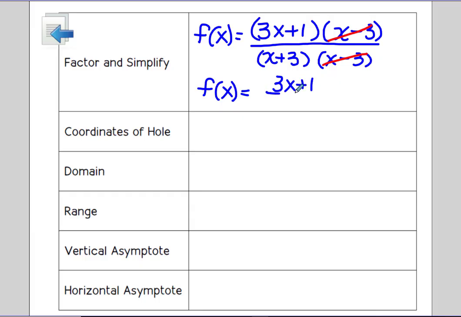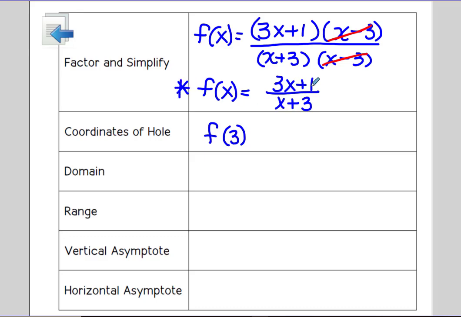Now simplified, we have an equivalent expression that represents the same graph. So we have a hole in the graph where we removed this factor. At x equals 3, I want to find the value by substituting 3 into the simplified form.